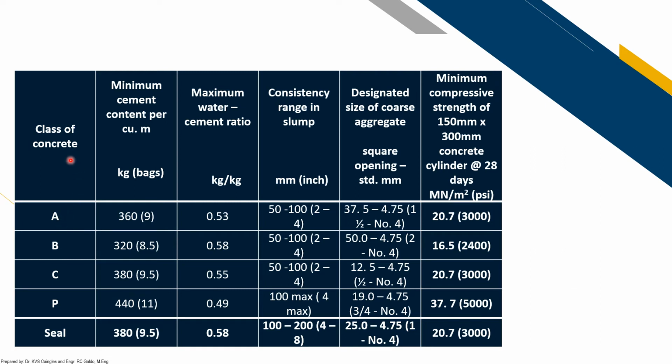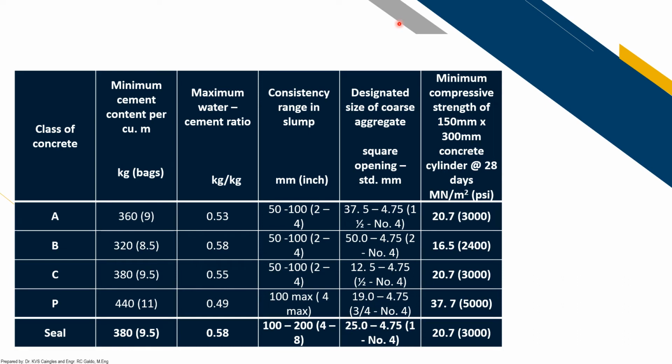First is for Class A concrete. Usually ginagamit siya sa pag-estimate sa aggregates and sa number of bags nga kailangan sa volume sa concrete. Di ba mag-calculate man ta sa volume sa tanan natong column, beam, slab, walls, shear walls, ato na siyang i-quantify, per cubic meter.